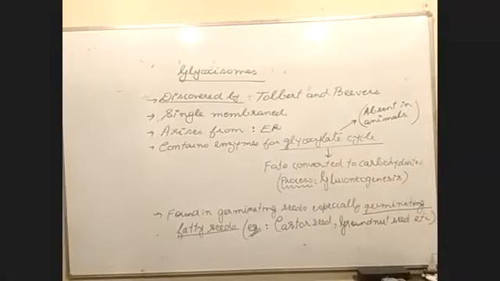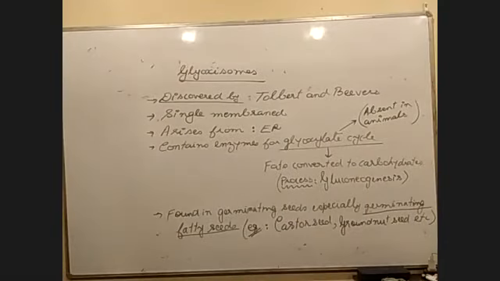Is it clear? So that is about the 3 different types of microbodies seen in a cell.